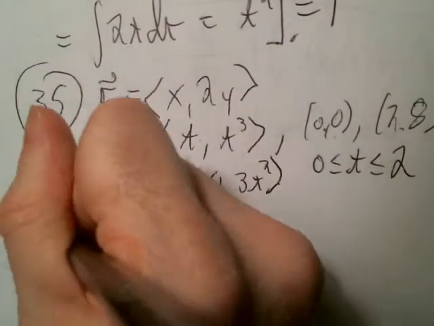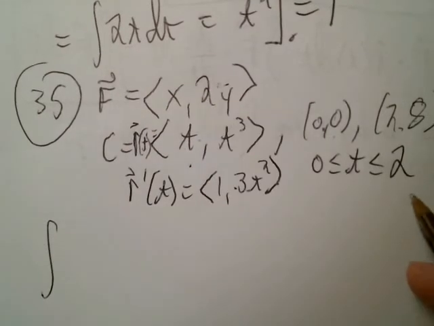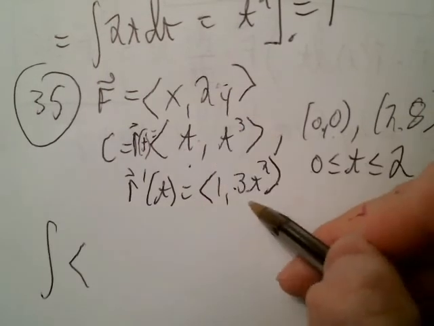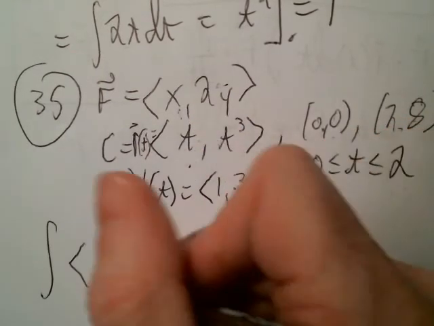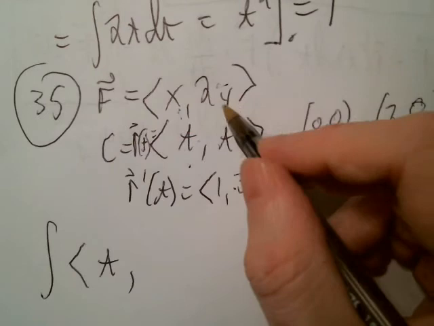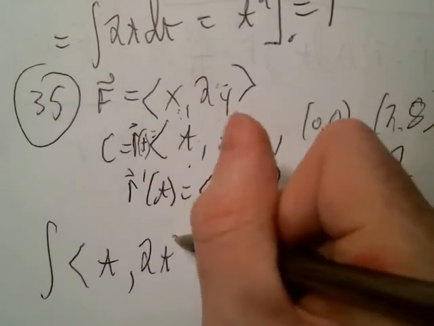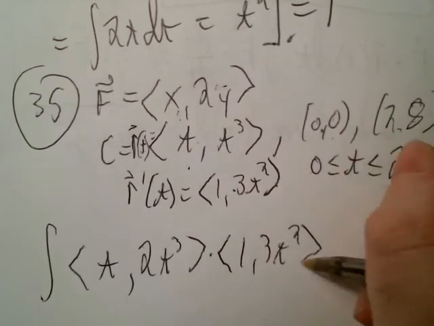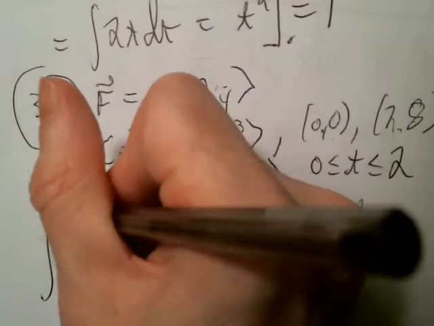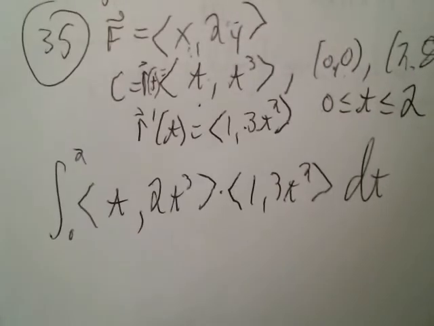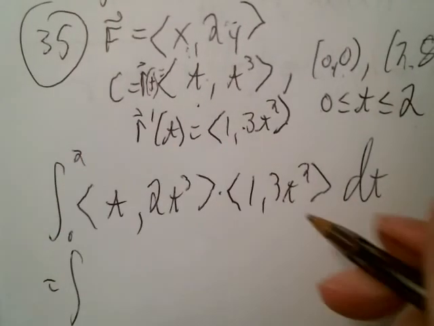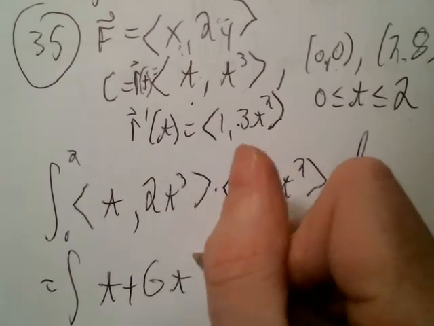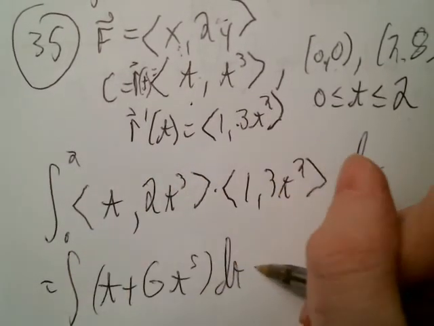Okay, and then I go to my integral, which is just the dot product of this, evaluated from 0 to 2. So rewrite f in terms of t's. So x is just t, and then comma 2t cubed, dotted with 1, 3t squared, dt from 0 to 2. Okay. So this will be t plus 6t to the 5th dt.